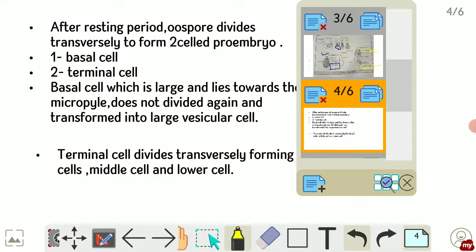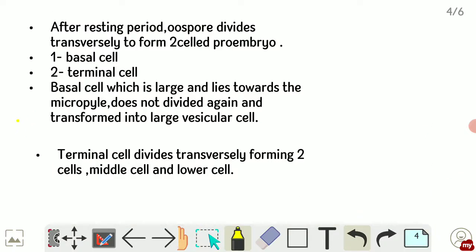Now see what you write in the exam. Let's discuss. After the resting period, the oospore divides transversely to form a two-celled proembryo: one basal cell, another terminal cell.